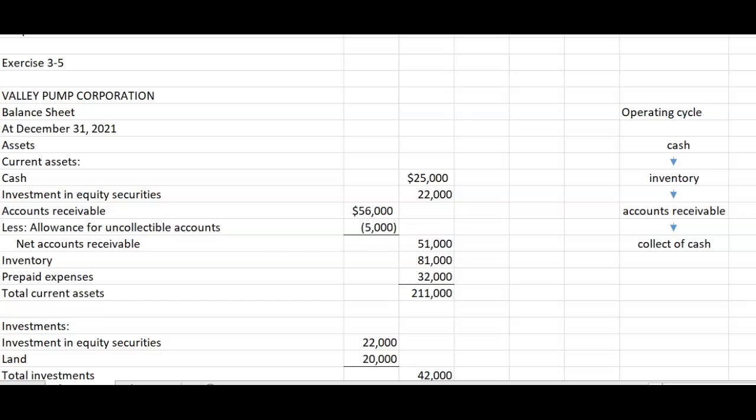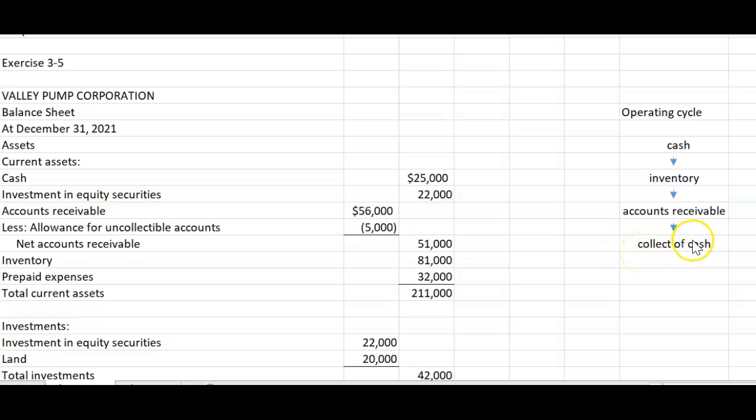Let me back up, and I should probably explain what an operating cycle is. An operating cycle is this: a company has cash. They invest the cash in inventory. When they sell the inventory, they create an accounts receivable and a credit to sales, and then they collect the cash.